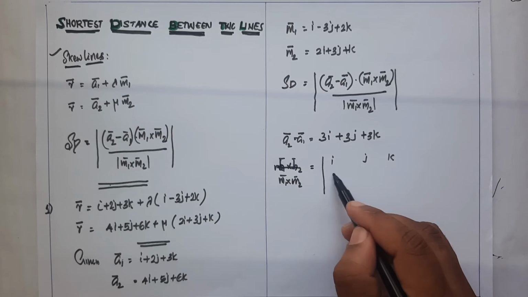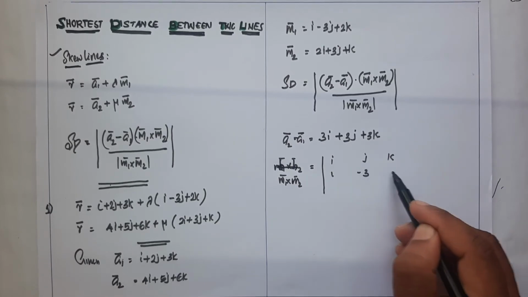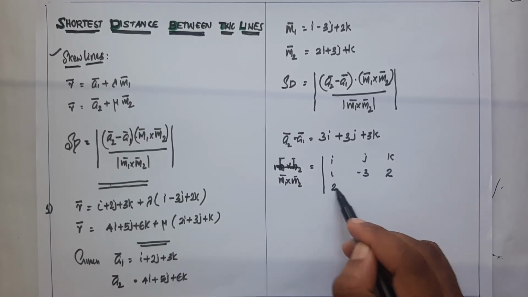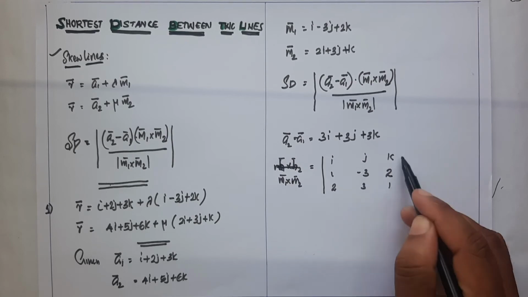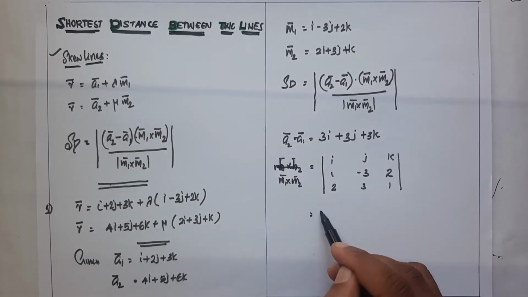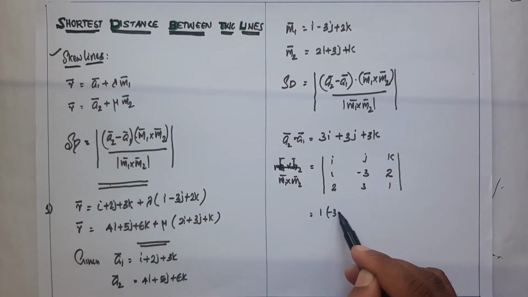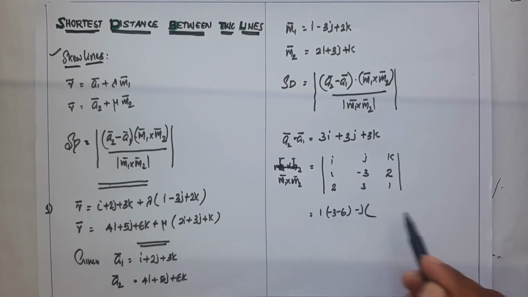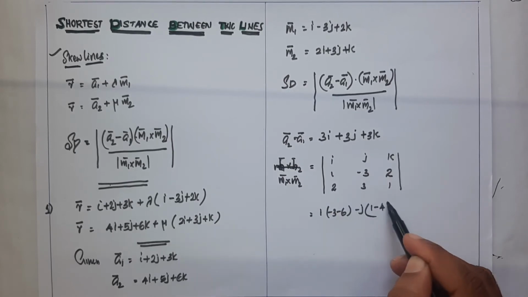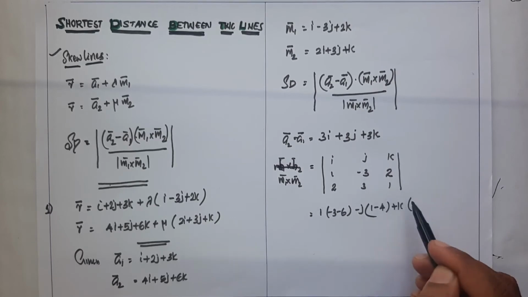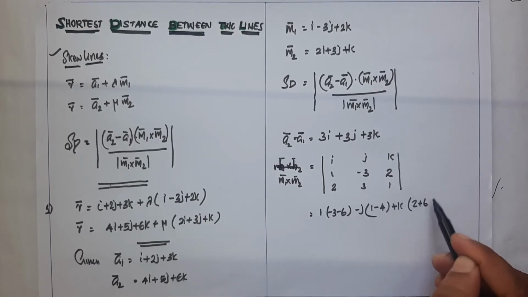Here m1 coefficients are 1, minus 3, 2. m2 coefficients are 2, 3, 1. This determinant value is i into minus 3 minus 6, minus j into 1 minus 4, plus k into 3 plus 6.